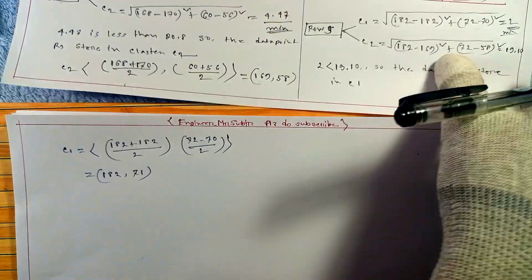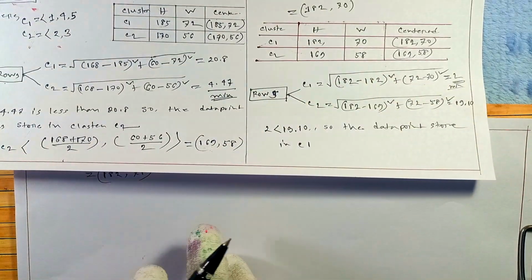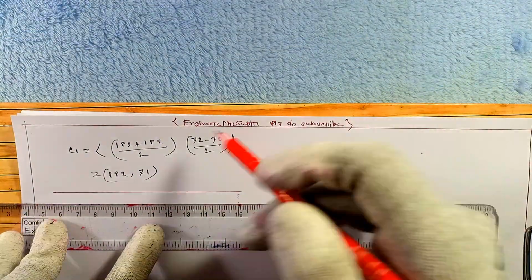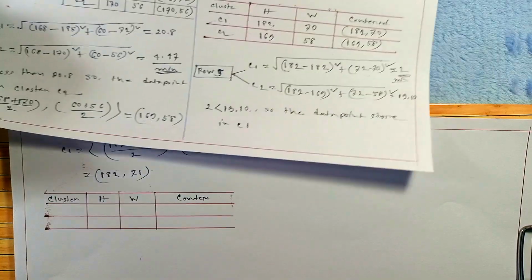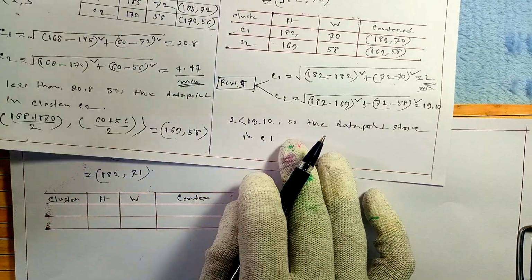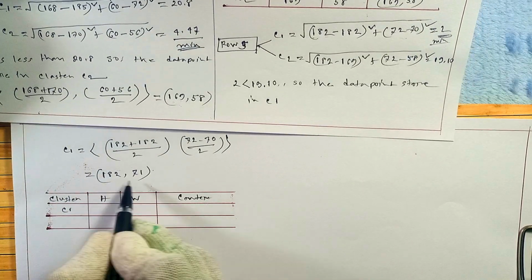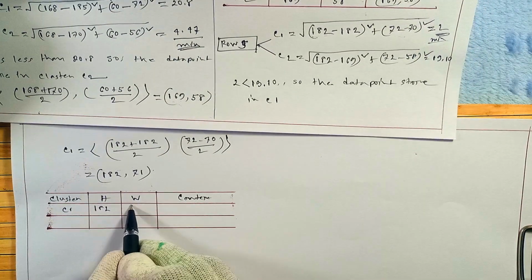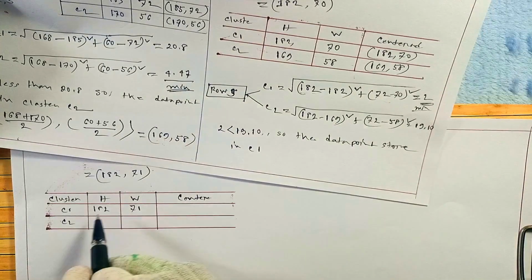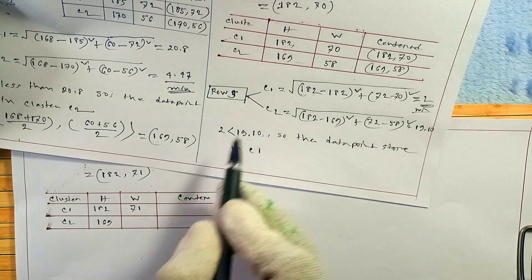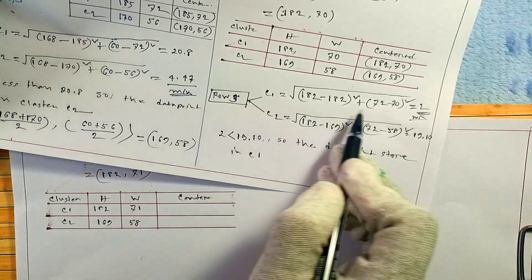Now we have to update this table with the new C1 values. Let me draw the table and update the value. From the previous one, we know the value of C2 and we update the value of C1. So the new C1 value is 182 and 71, and from our previous table the C2 value is 169 and 58, and row 5 will be stored in C1 because C1 is minimum.